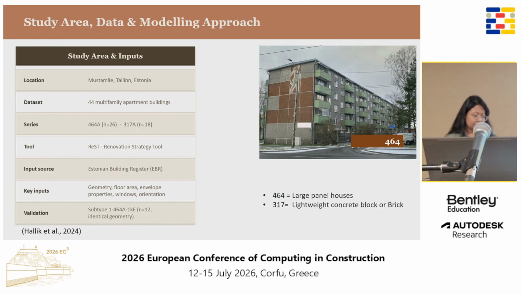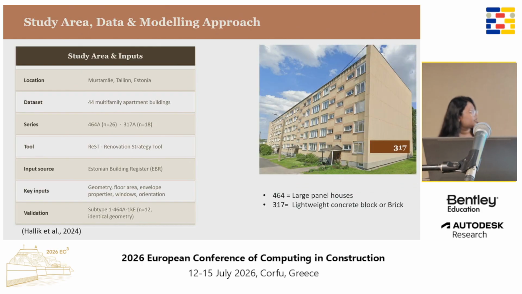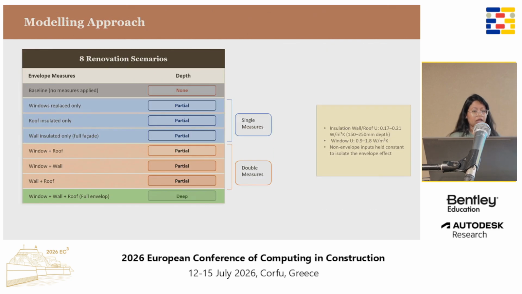This series level is more commonly used in practice. Another series is 317, which is lightweight concrete block. For the simulation, I used the renovation strategy tool, developed by one of my supervisors, and the inputs come from the Estonian building registry.